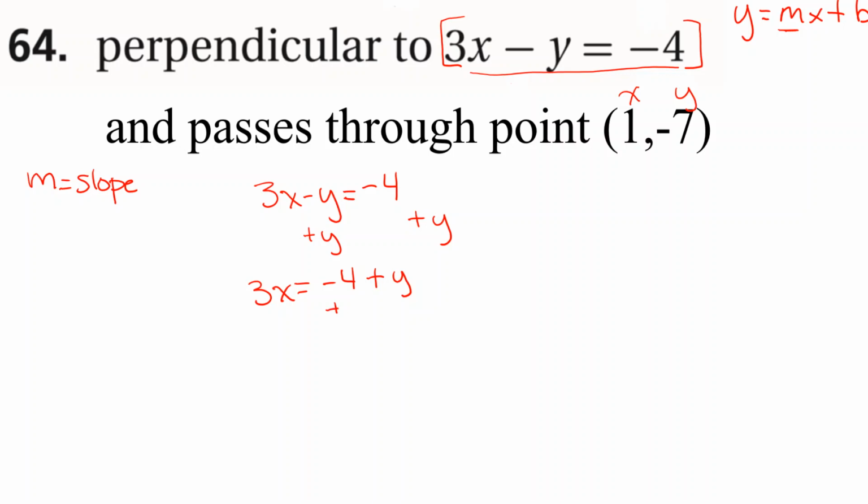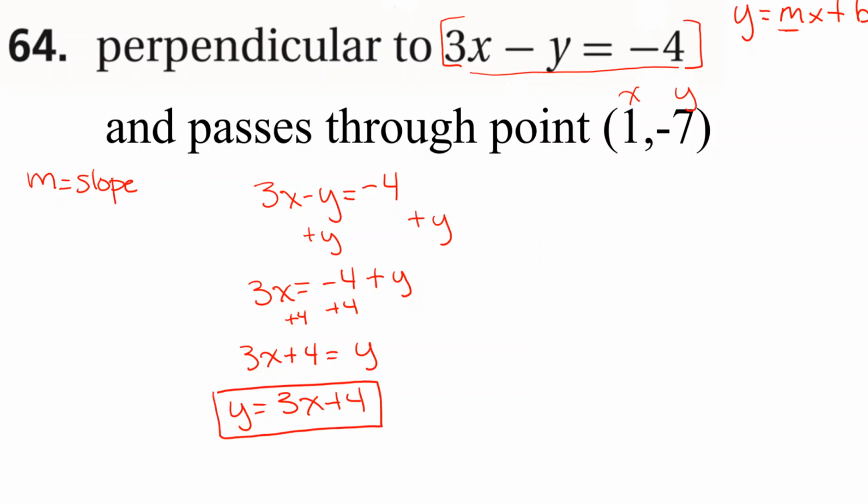I'm going to add 4 to both sides. So I have 3x plus 4 equals y. Almost perfect. If I just switch this around, I can say y equals 3x plus 4, and now I have my slope-intercept form. So I see that this line has a slope of 3.